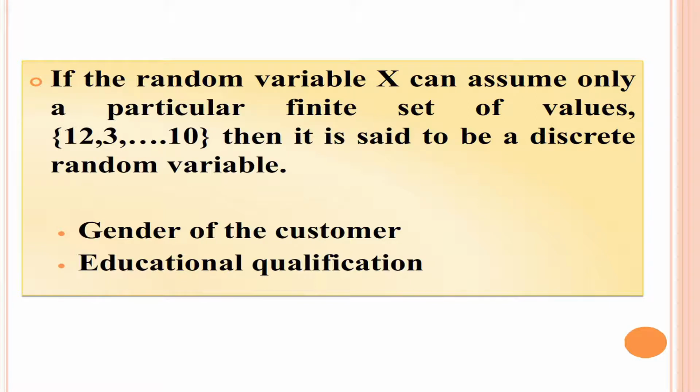The educational qualification takes only a certain number of discrete values, and so these variables are called discrete random variables.